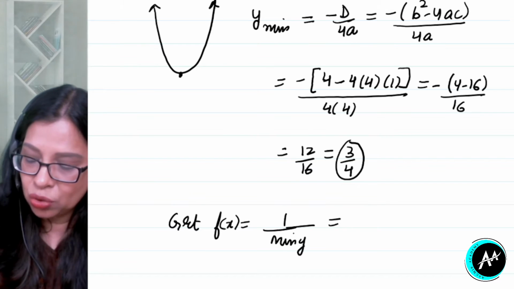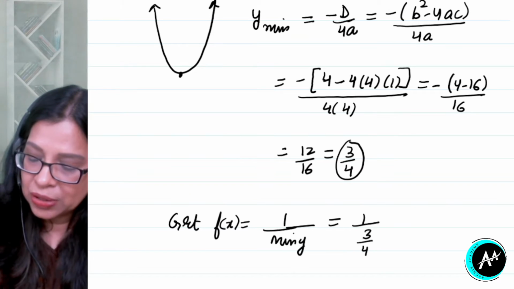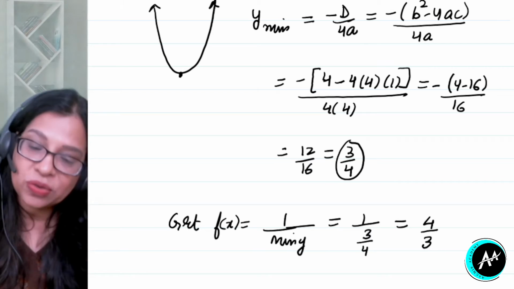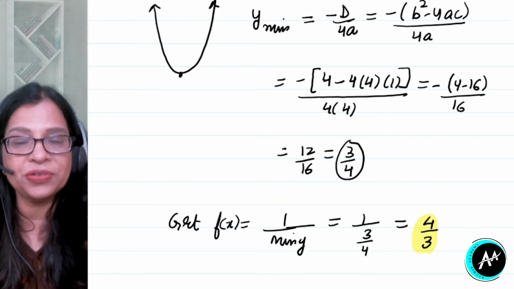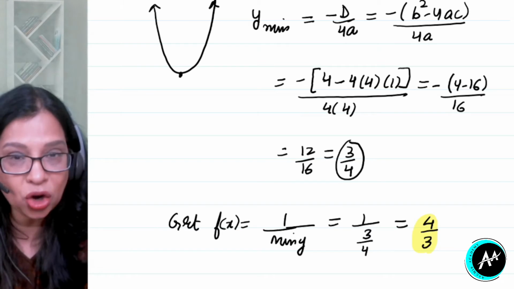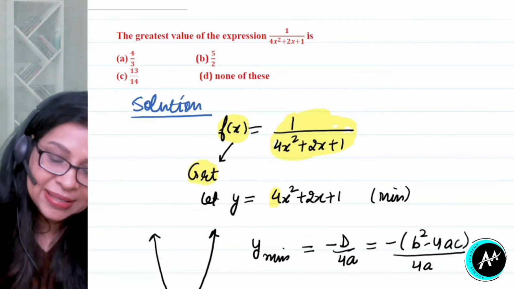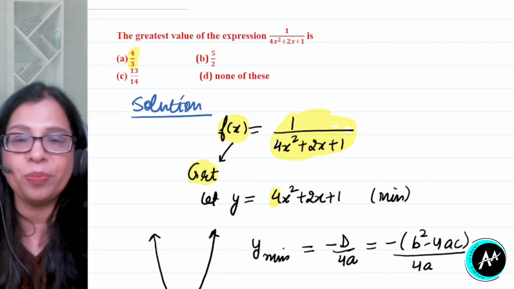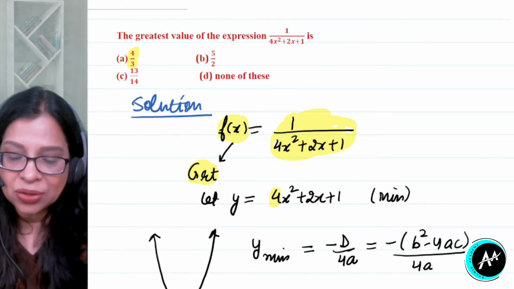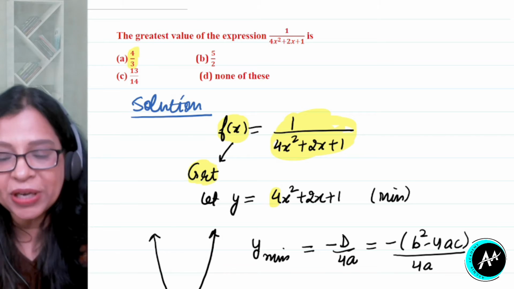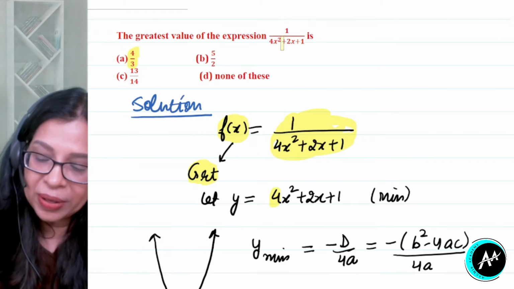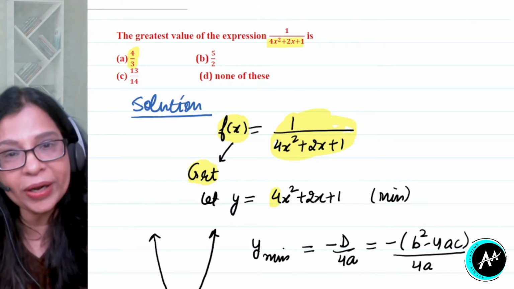So it is equal to 1 upon 3 by 4. So that means it is going to be equal to 4 by 3. So this is our answer. Okay. So this is the greatest value of the given function. Let's check the option. So you can see we have here A option to be correct. Is it okay? So that's the greatest value of this given expression, and it is obtained when this denominator will be minimum. Got it?